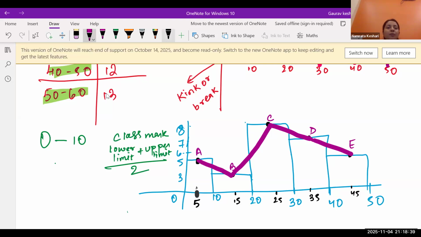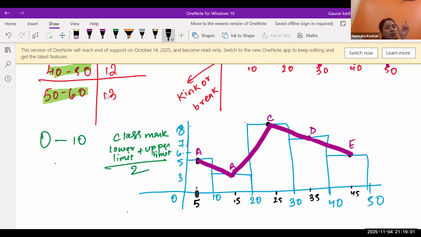To make it bounded, we have to create a class interval before 0 to 10. A virtual class interval we will create by ourselves. Why? Just to make this figure a frequency polygon, so that the polygon terminology will be valid. We have to make this figure bounded.